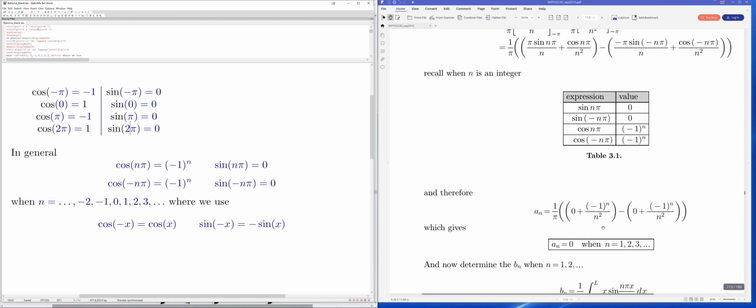Now what you want to notice is that this expression over here, minus 1 to the n on n squared, is the same as this, and I'm subtracting both of them. So if I subtract identical things, I'm going to get 0 here. So I get a_n is equal to 1 on pi times 0, which is just 0.